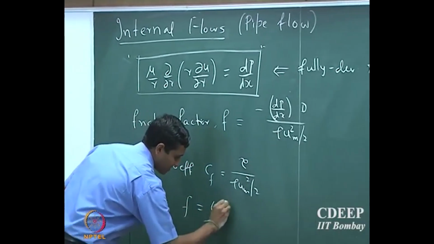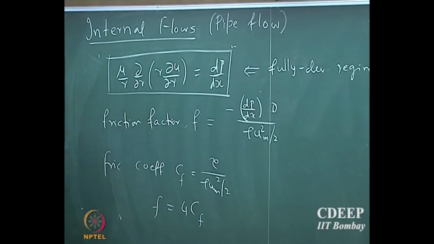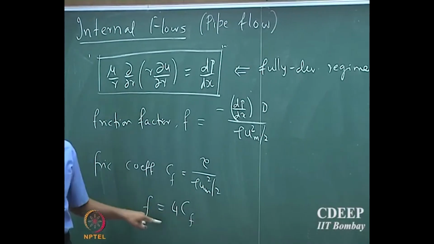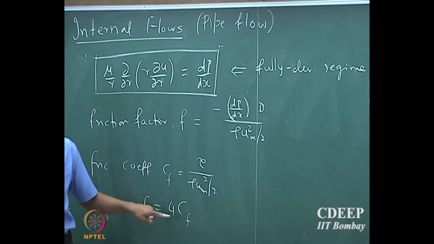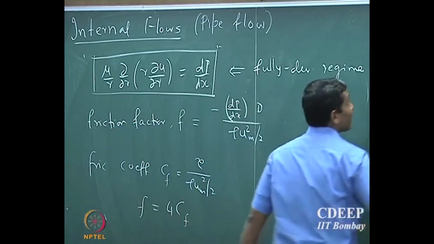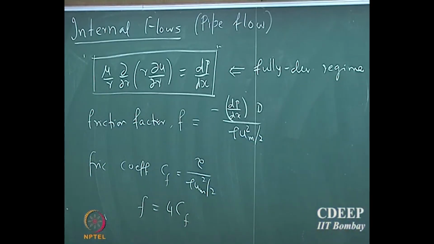So for laminar flow conditions, it turns out that the friction factor is 4 times Cf. Okay, this is only true for laminar flow. Now, if you are looking at turbulent flow and other conditions, there are some correlations available for the friction factor in terms of the Reynolds number.